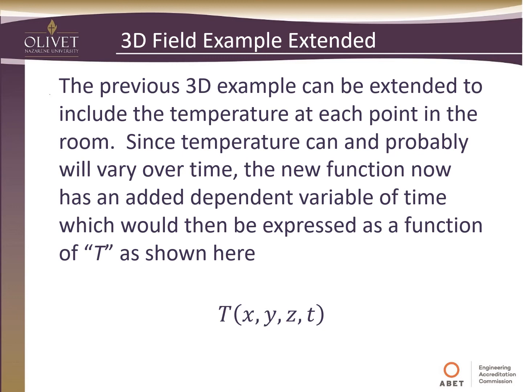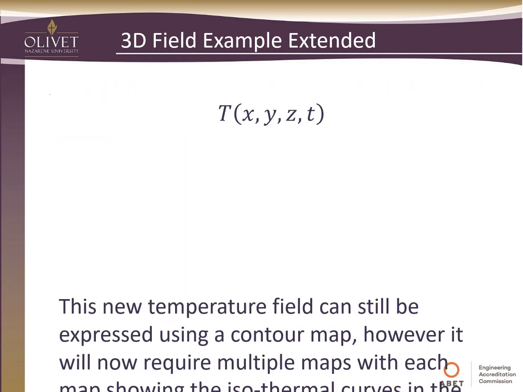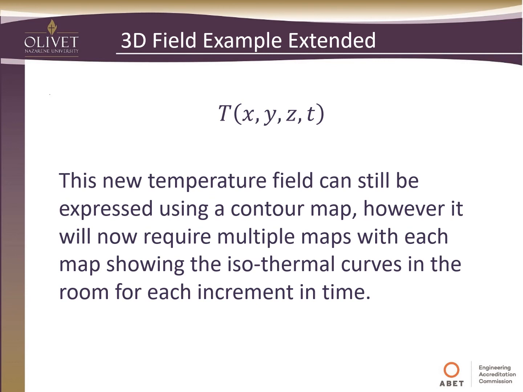So the function would be represented by something like this: T at x, y, z and a certain time. This new temperature field can still be expressed using a contour map. However, it's going to require multiple maps, with each map showing the isothermal curve in the room for each increment of time.